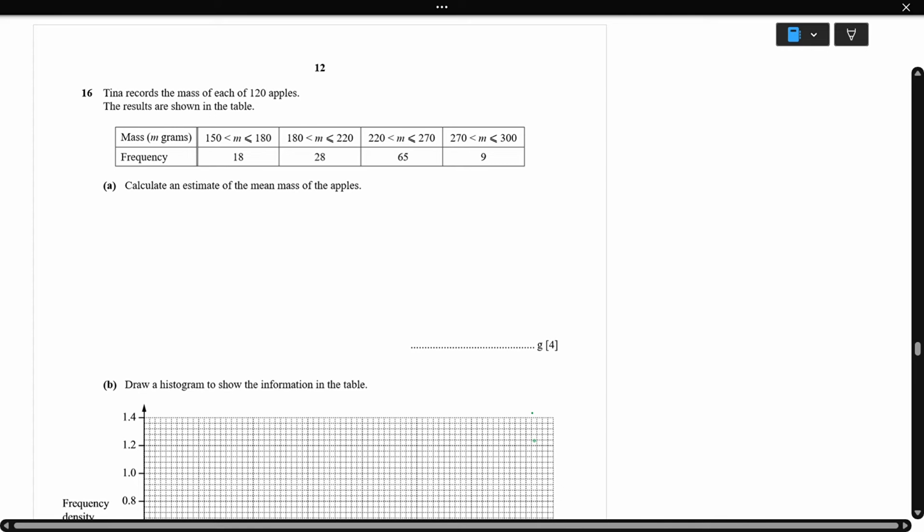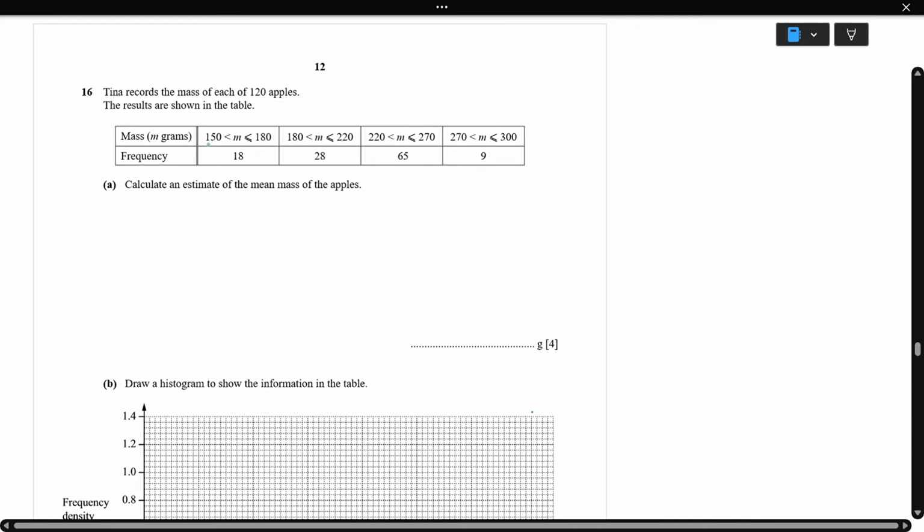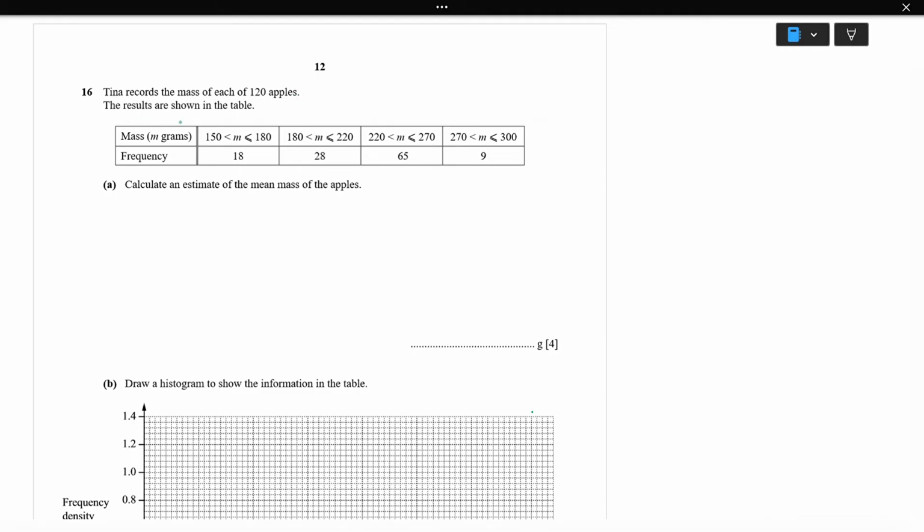And next, question 16. Tina records the mass of each of 120 apples. The results are shown in the table. Calculate an estimate of the mean of the apples. So I'll take the midpoint for every interval. The midpoint is going to be 165, and midpoint means we need to add the upper limit and lower limit and make it half. Here the midpoint is 200, here the midpoint is 245, and here the midpoint is 285.